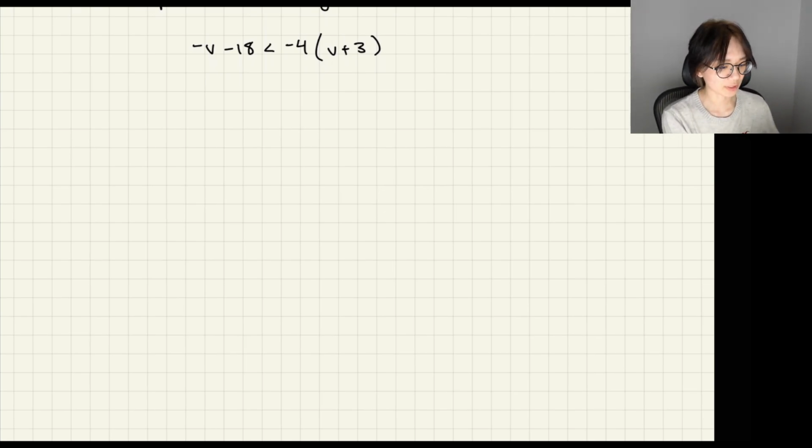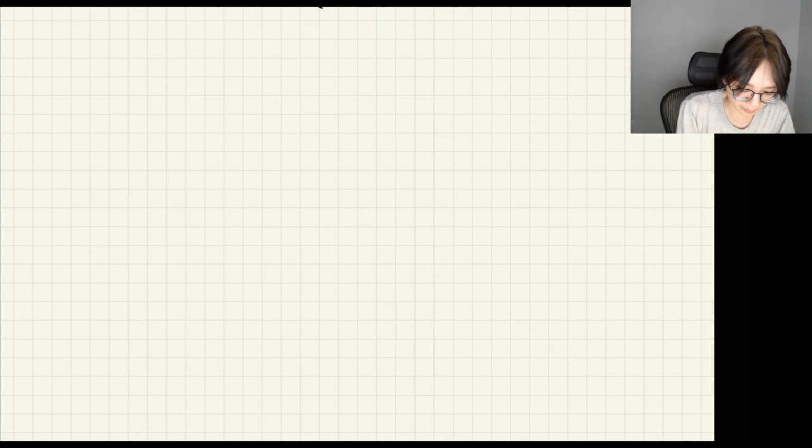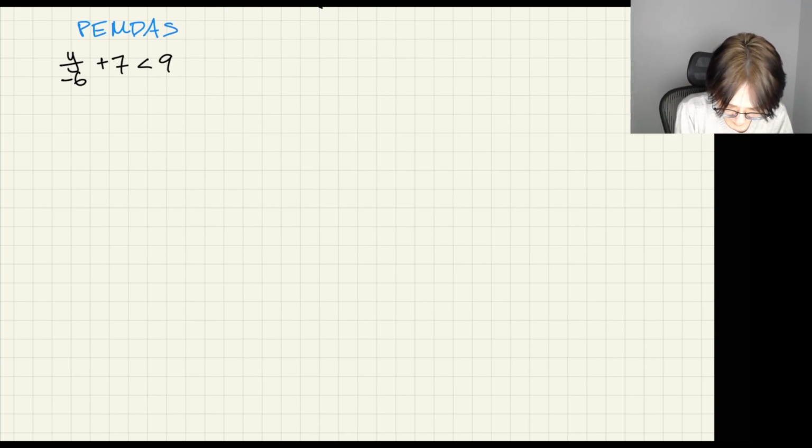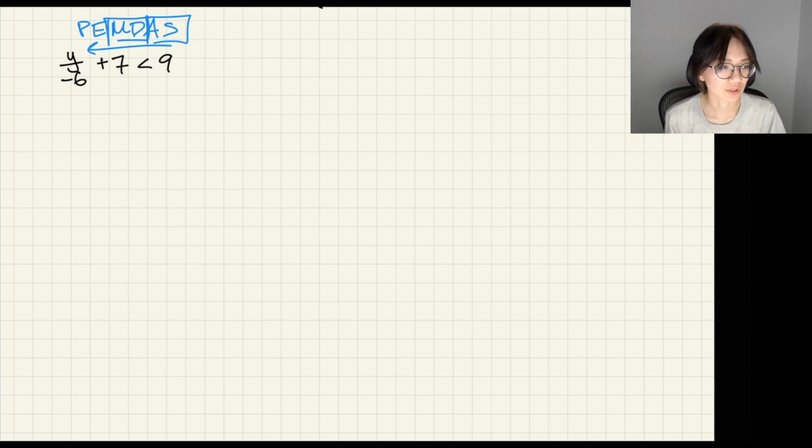But anyway, just to go through some examples first of multi-step inequalities. Here we have y over negative 6 plus 7 is less than 9. I'll write over here to remind us of PEMDAS. We're working reverse PEMDAS, with addition and subtraction first, and then multiplication and division next.